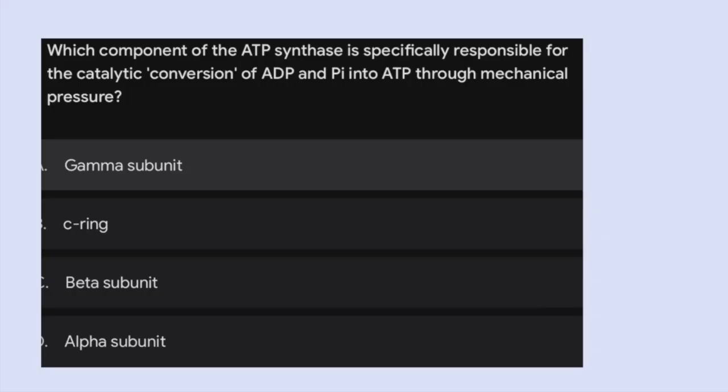It's beta, exactly. The beta subunit: we said we have three, the loose and tight states, and all of these were part of the beta subunit. Okay? Next.